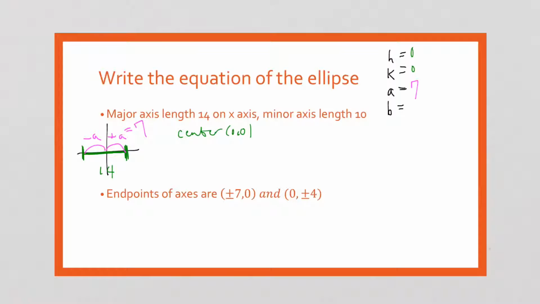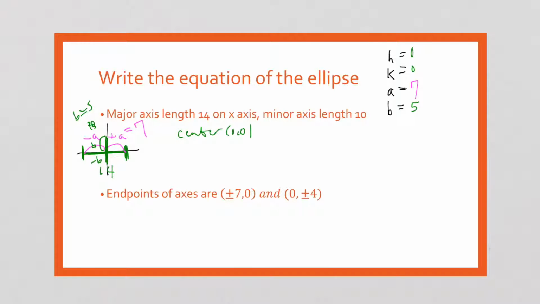So now when I'm looking at minor axis length is 10, that means up and down here I got B and negative B, and that's 10, which means that B equals 5. Alright? So now I have H, K, A, and B. And I gotta figure out, is this an x squared though, or a y squared?